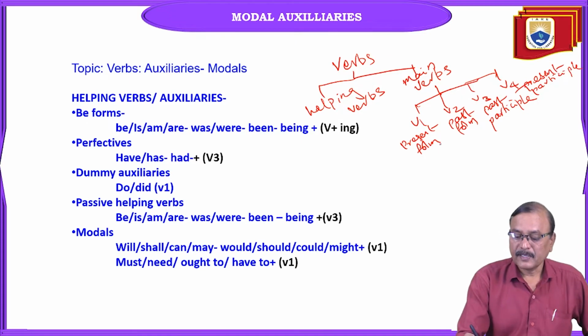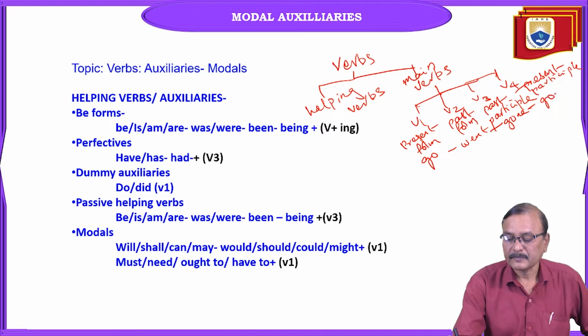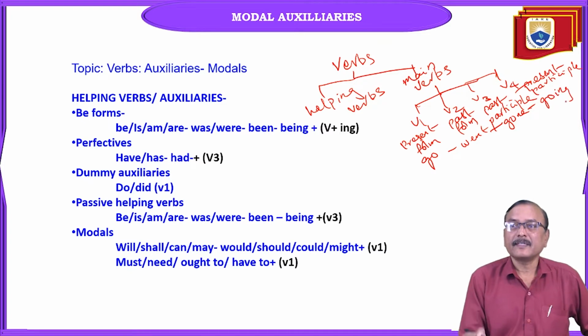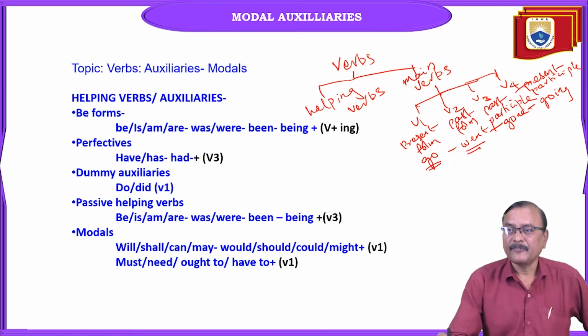So the present form, the base form, is go, for example. Past form is went, the V2 form. The past participle form is gone, and the present participle is going. So for our convention, we say go is the V1 form, went is the V2 form, gone is the past participle or V3 form, and going is the present participle or V4 form.